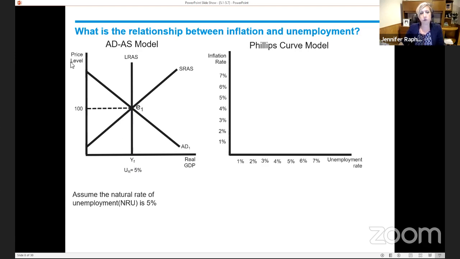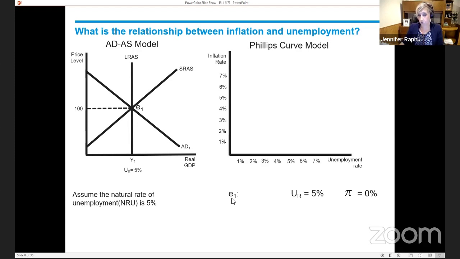And remember that the price level over here is the aggregate price level, and we're often talking about the GDP deflator. The GDP deflator is an index, and it's indexed to a base year in which the GDP deflator would be 100. So just to keep the math simple, I'm going to assume that the GDP deflator is 100 in the current year, which corresponds with an expected rate of inflation of 0 and an unemployment rate of 5%.